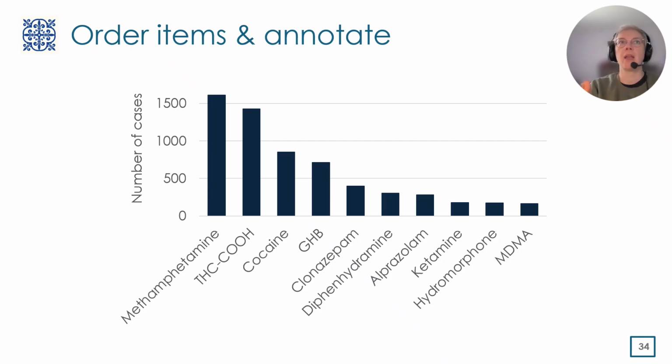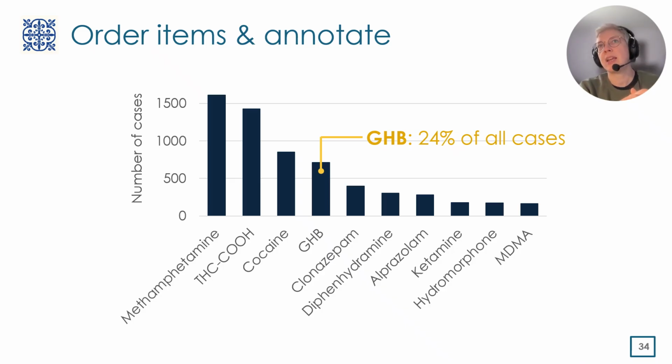So for example, if I were to present this graph, I could say, here is a graph of the top 10 substances that we find in the RE cases. And as you can see, GHB accounts for 24% of all of our cases.